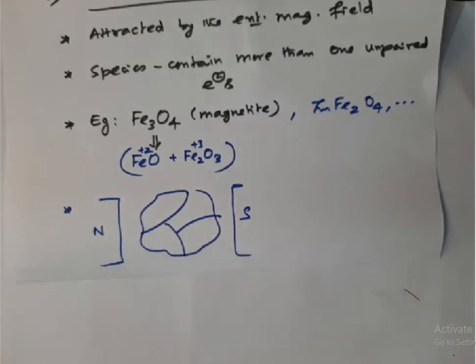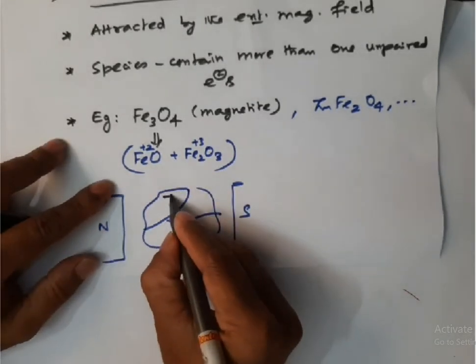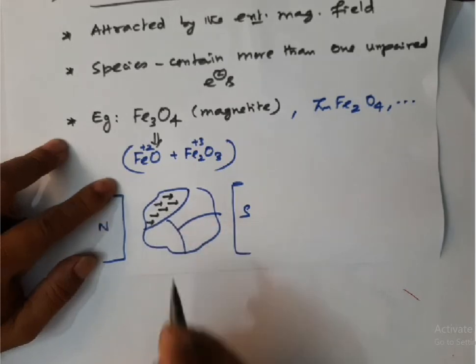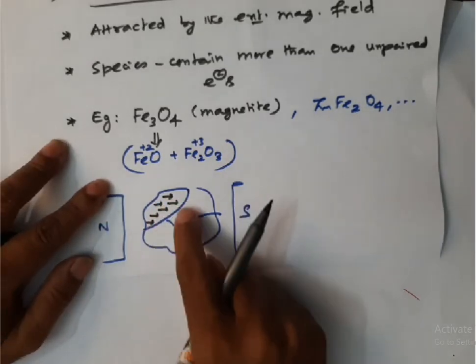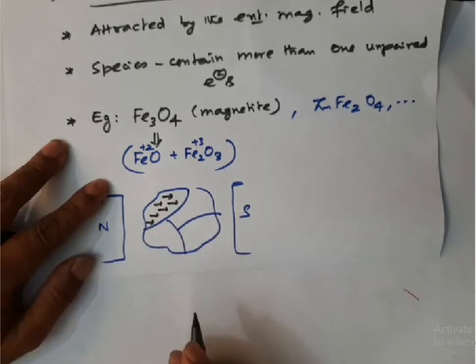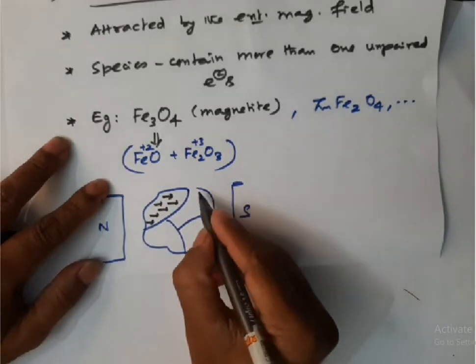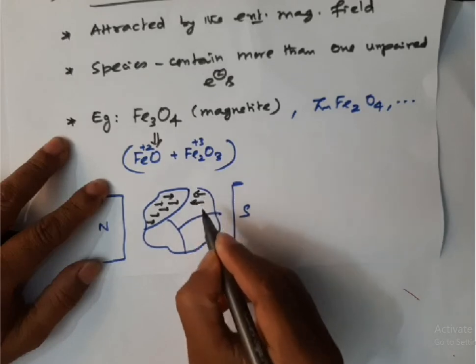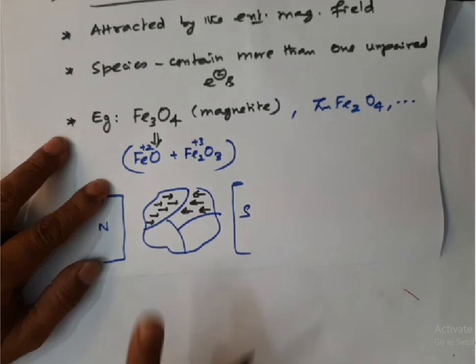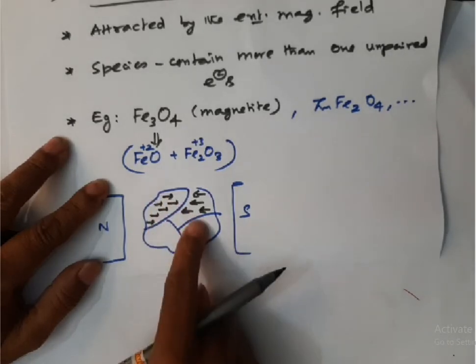Now what will happen? In one domain, the magnetic moments align in a particular direction. See here, I have taken 6 magnetic moments aligning in this direction. In the other domain, the magnetic moments will oppose, but in unequal number. Here we have 6, but here I have shown only 4.